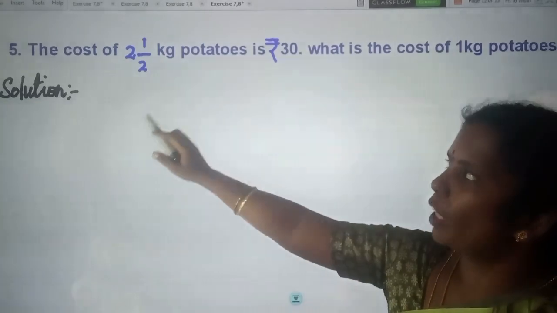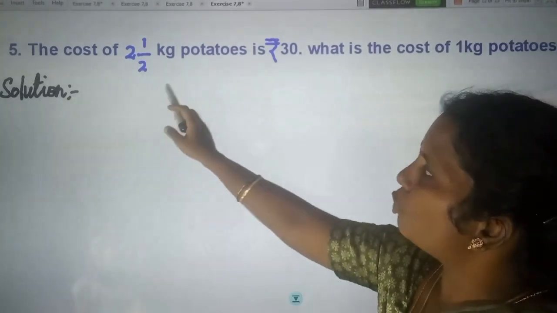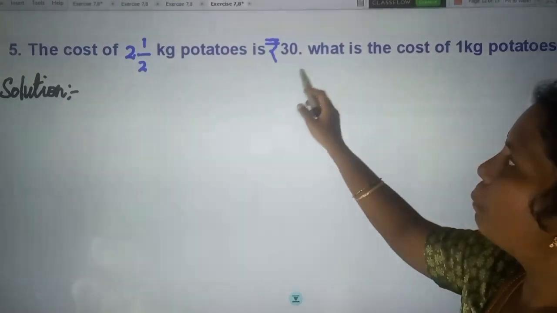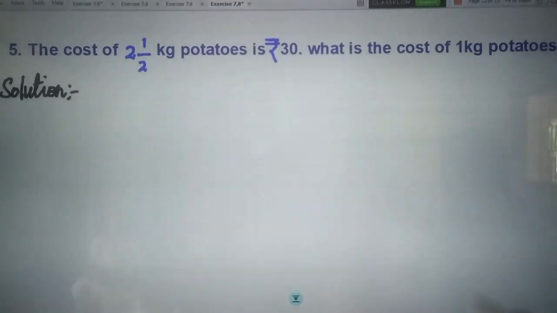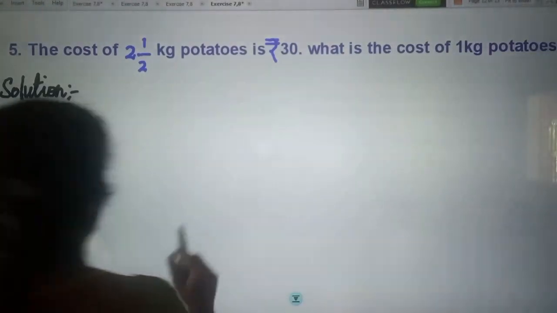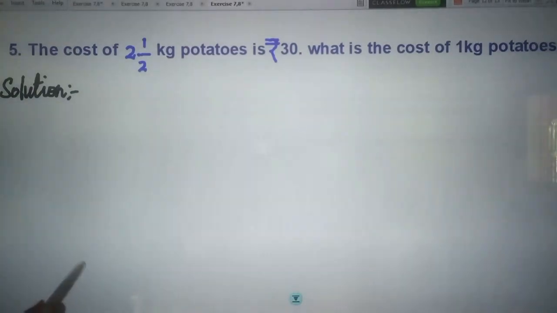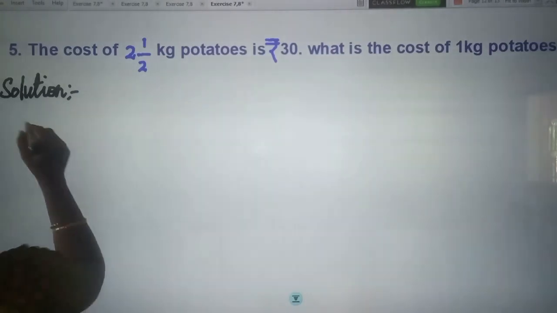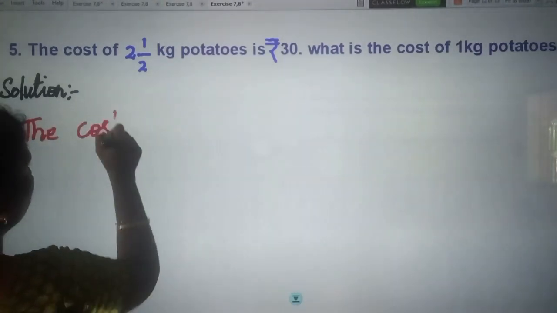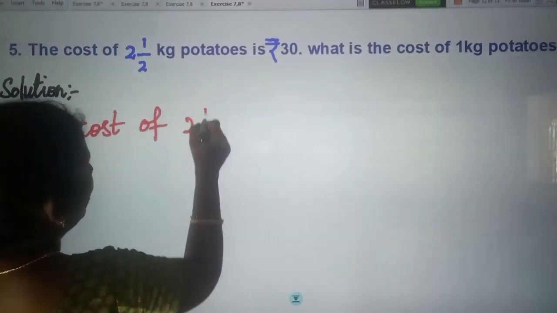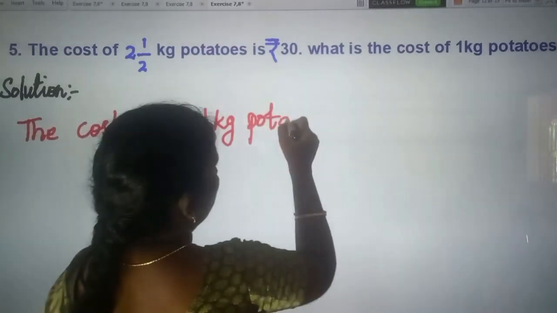Now, we are going to see one word problem for division of fractions, children. The cost of 2½ kg potatoes is rupees 30. What is the cost of 1 kg of potatoes? You have already learned about this division, children. For 1 kg, whenever they are asking for 1, we have to do the division there. So, what is given there? The cost of 2½ kg potatoes.